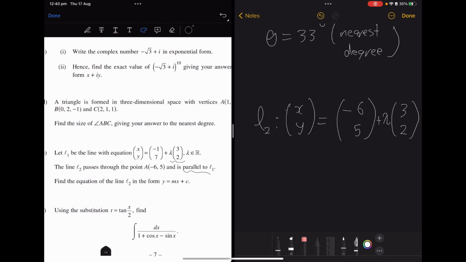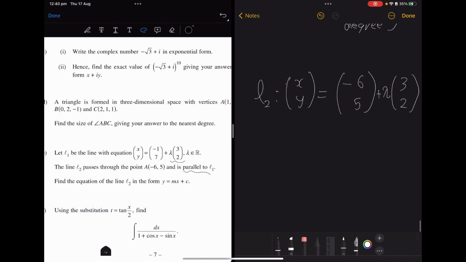And finally, to find the line L2 in the form y = mx + c, we have to find the equations for x and y separately. So x = -6 + 3 lambda. So we're expanding the vector equation above into two separate equations. So y = 5 + 2 lambda.